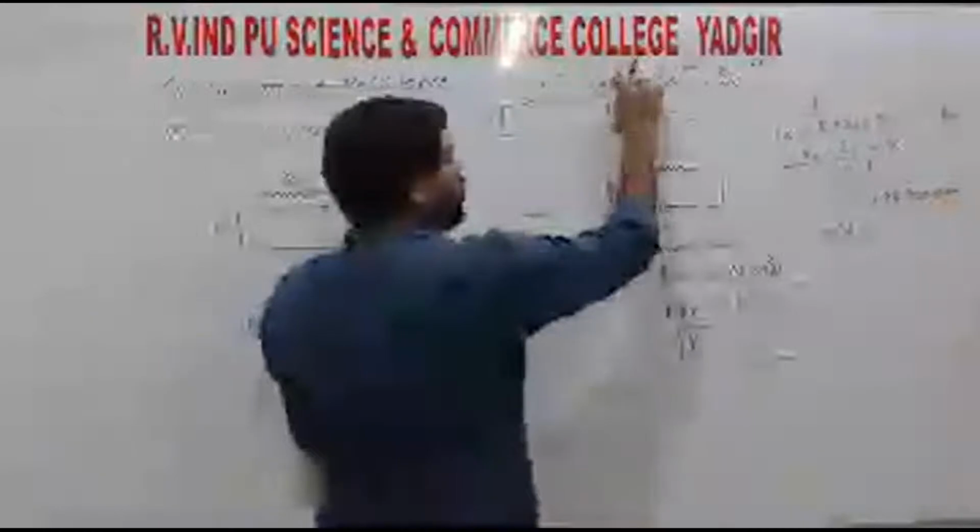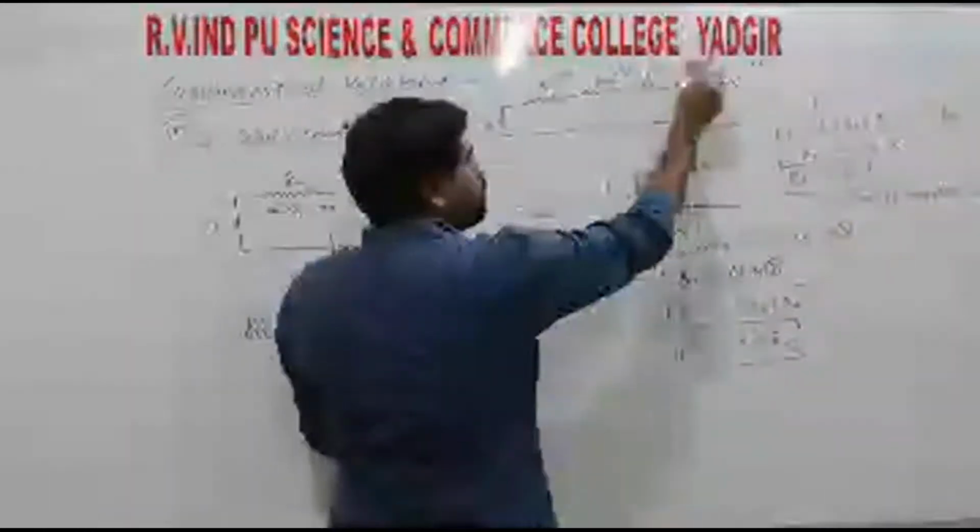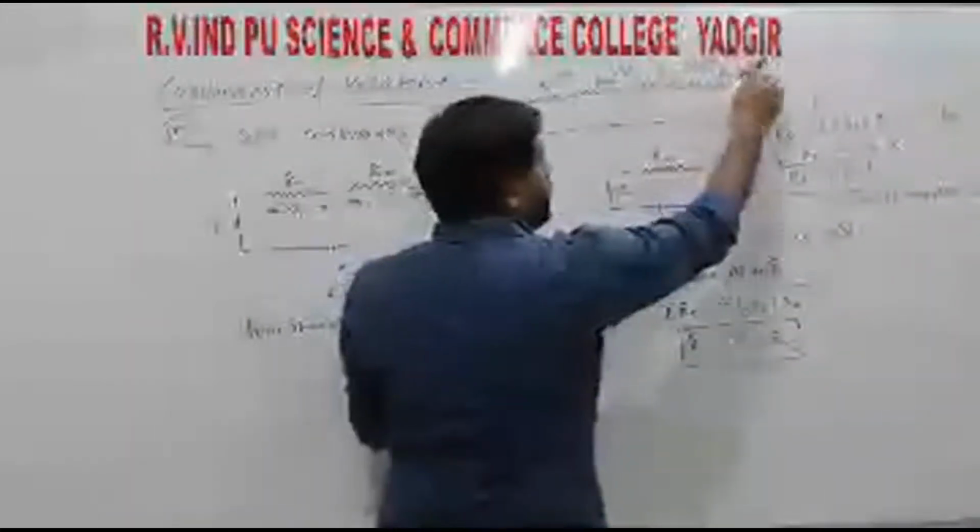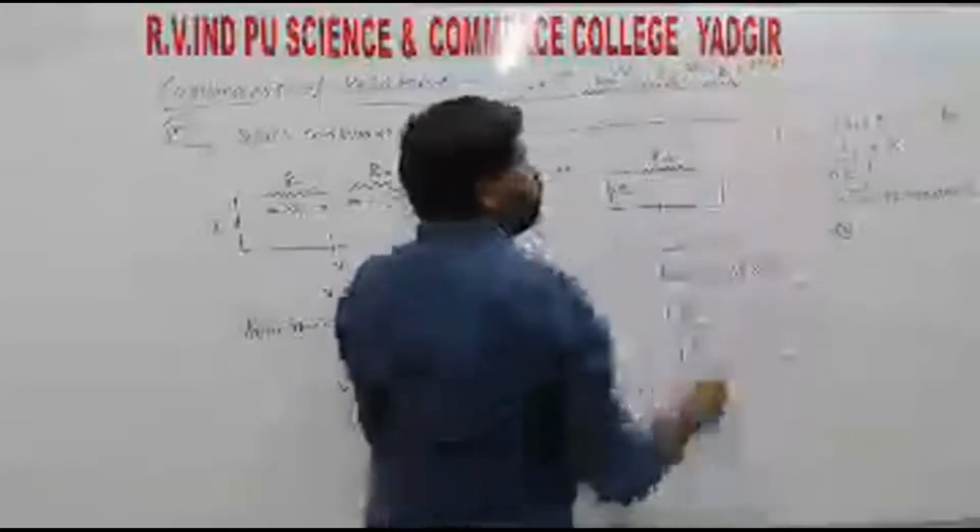So that means R1 value is 2 ohm, R2 is also 2 ohm, R3 is 2 ohm and R4 is 2 ohm.